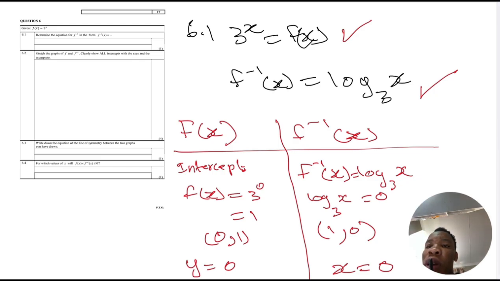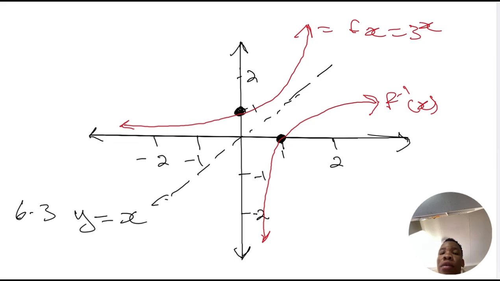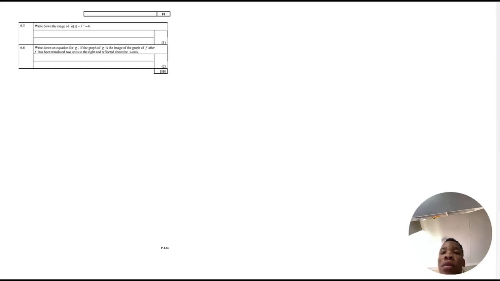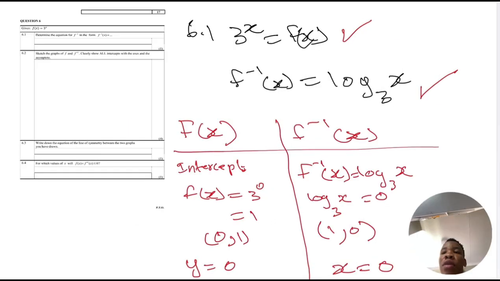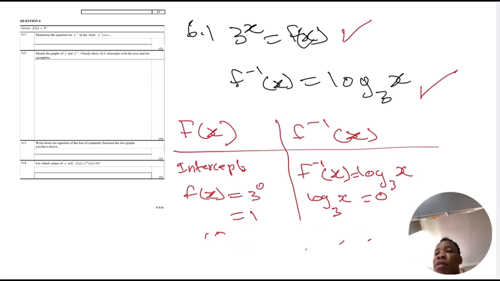For which values of x will f of x times the inverse of x be less than or equal to 0? So let's come here. Let me just make a space over here.